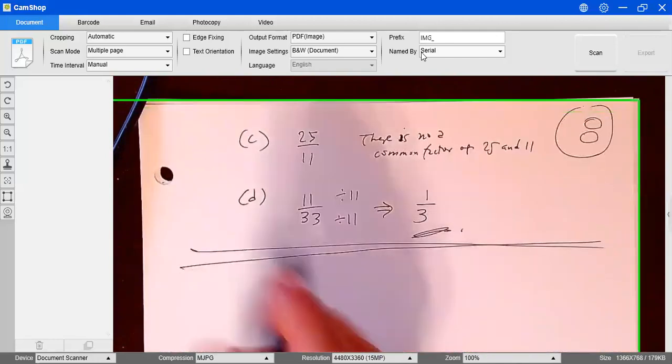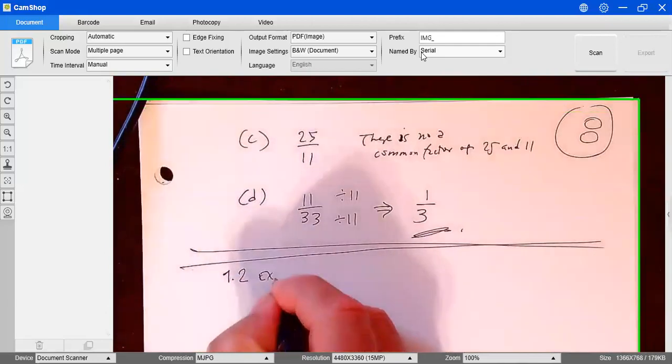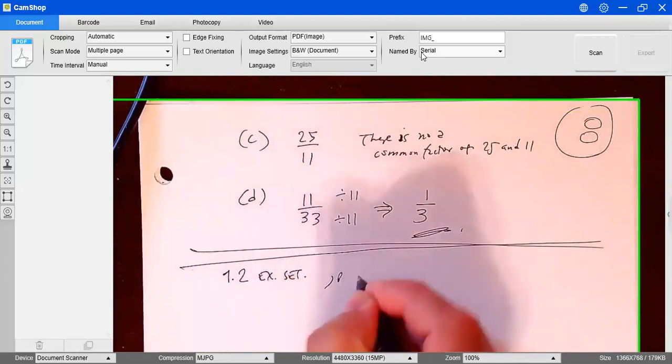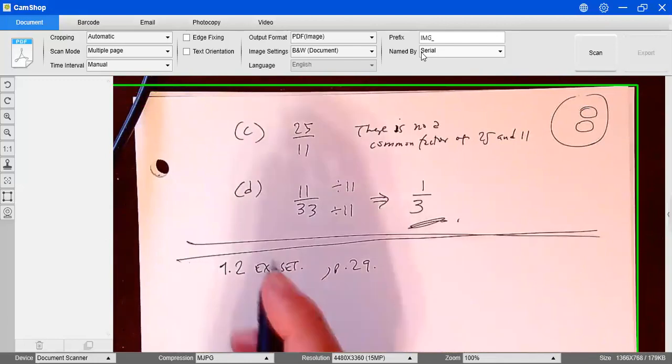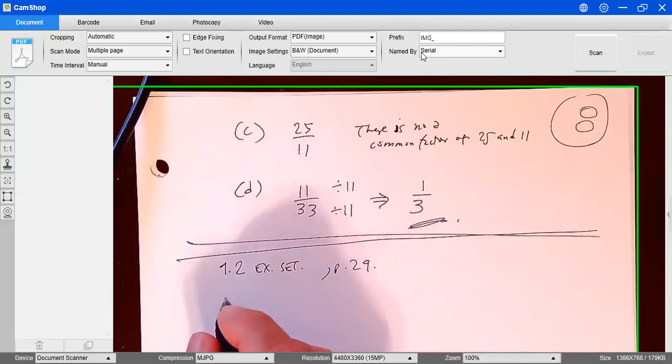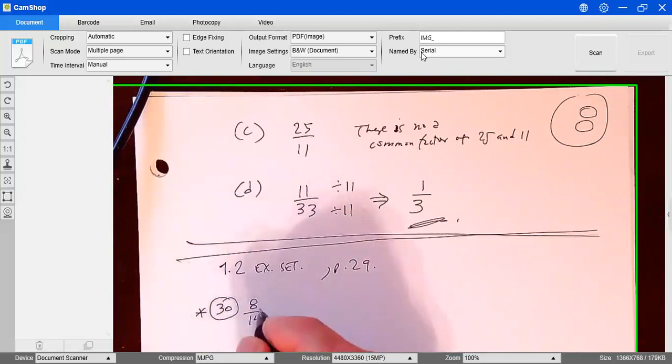You're going to work now on the 1.2 exercise set on page 29. I suggest to work on all those problems for the assignment. So all the odds, 30, you're gonna reduce 8 over 14.